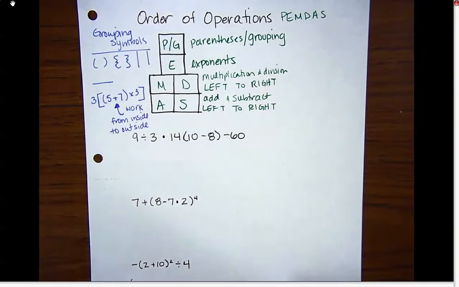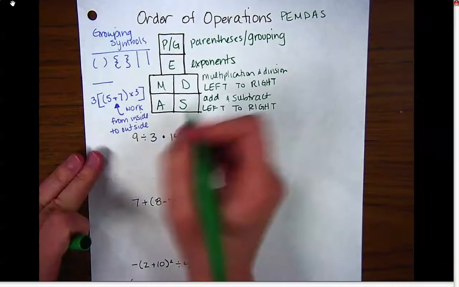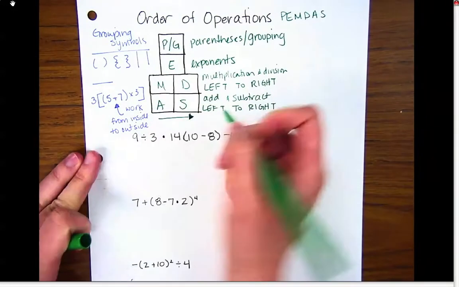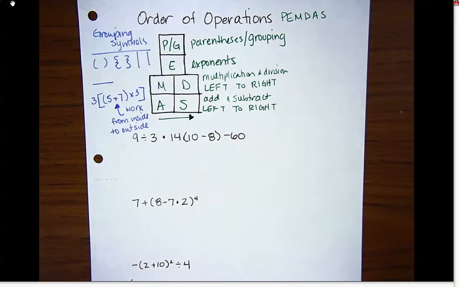Okay. And I'm also going to put an arrow right here for my multiplication, division, and addition, subtraction to again show left to right. Does your paper look like mine? Hopefully it does. If not, feel free to pause and get caught up with me.